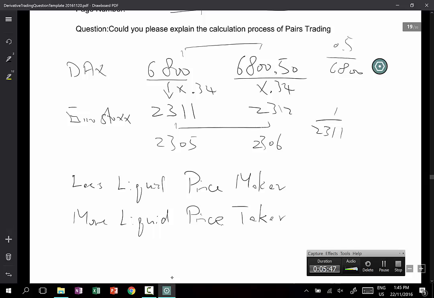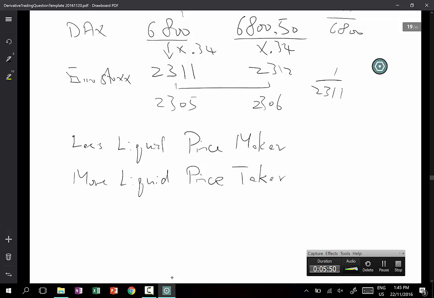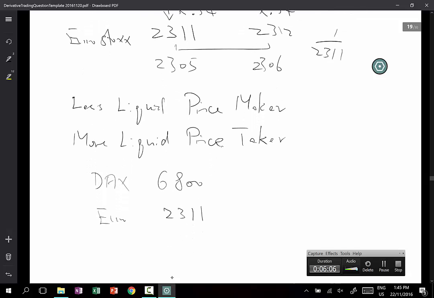Now, there is another thing. We just said that the DAX should be connected to the Euro Stoxx 50 by a ratio of 0.34. Well, that doesn't actually say anything about the value of these contracts. So for the DAX, it's actually 25 points per contract, whereas for the Euro Stoxx, it's 10 points.